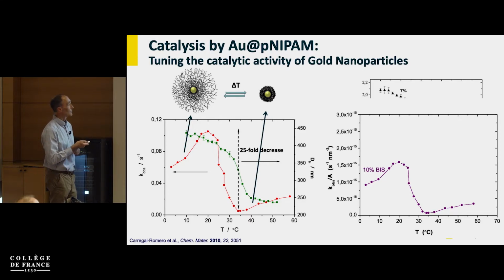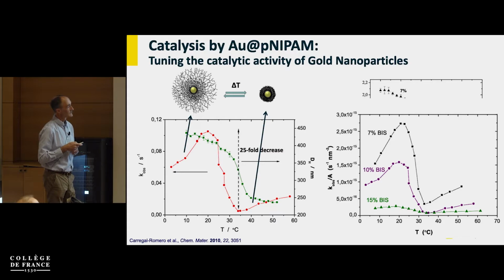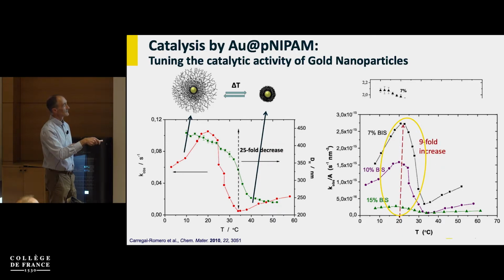And for a higher cross-linker concentration, we see a much lower change in the reaction rate, but following more or less the same trend. And for a lower cross-linker concentration, we see what we expect, right? And so from the higher to the lower, we see almost one order of magnitude change in the reaction rate.